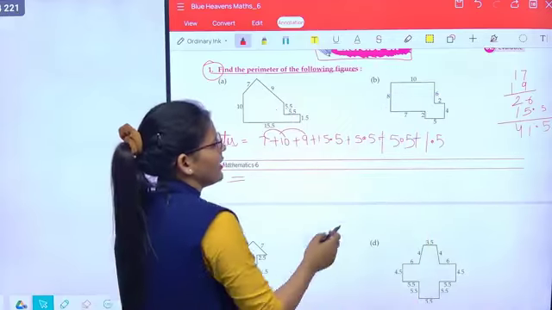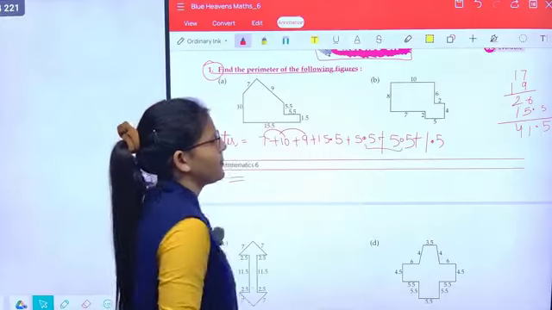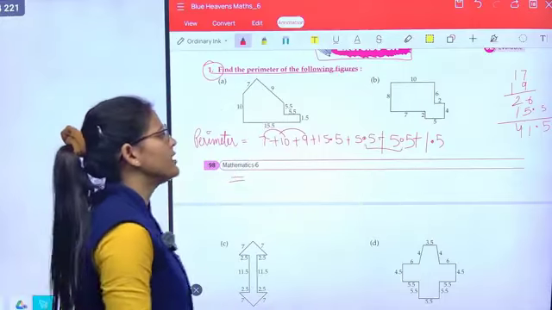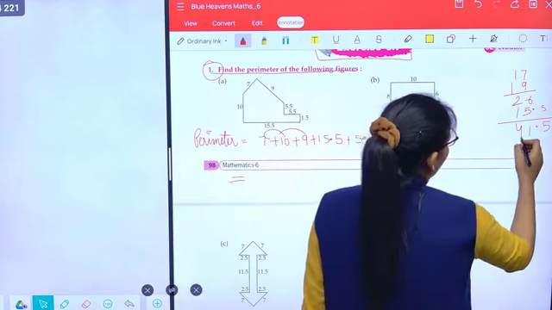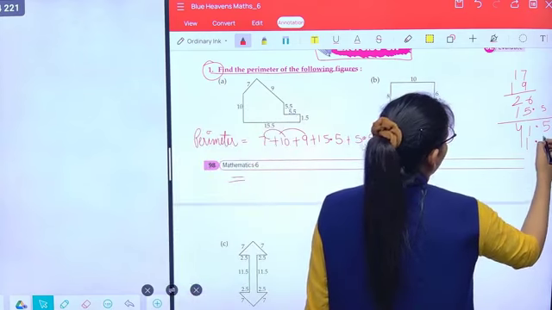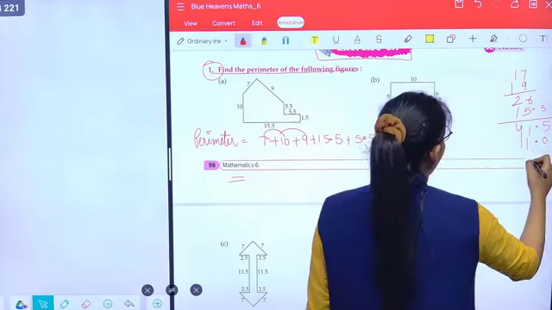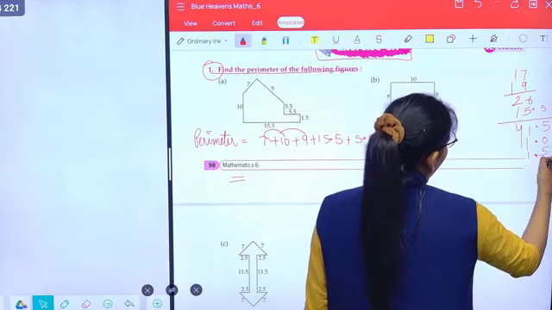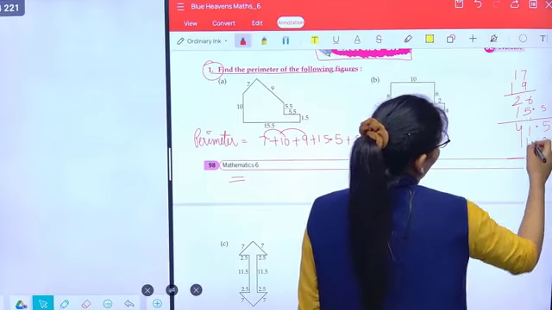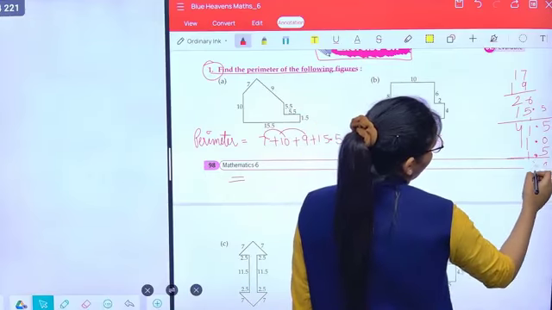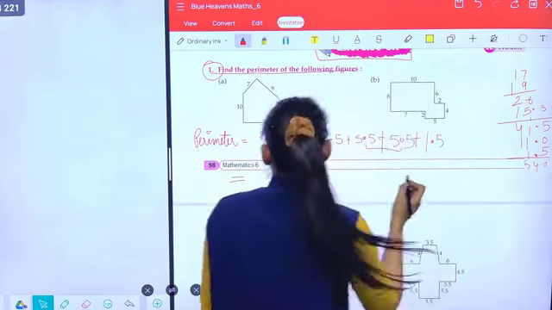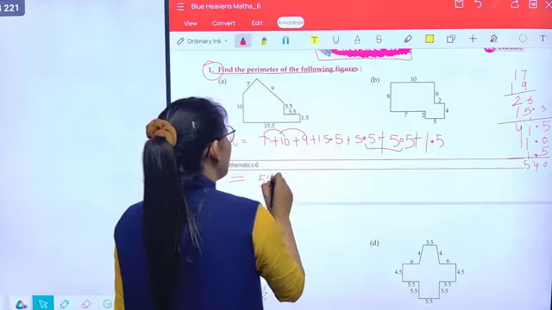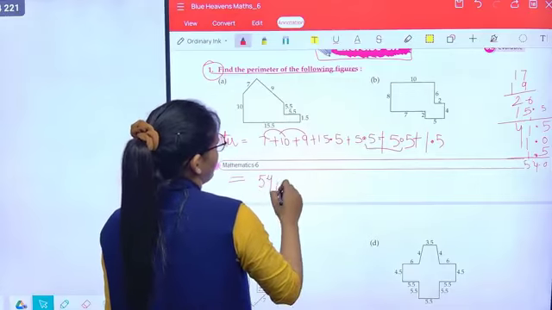Now class, 5.5 plus 5.5, that is 11. Now 11 plus 1.5. Now we can add 0, 4, 5, that is 54. So class, required perimeter is 54 units.